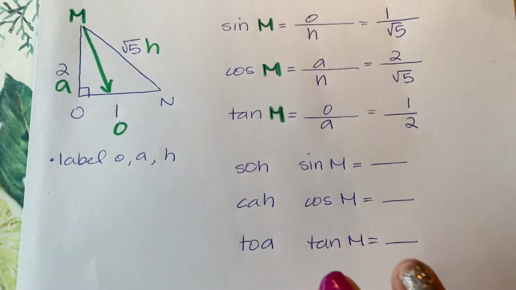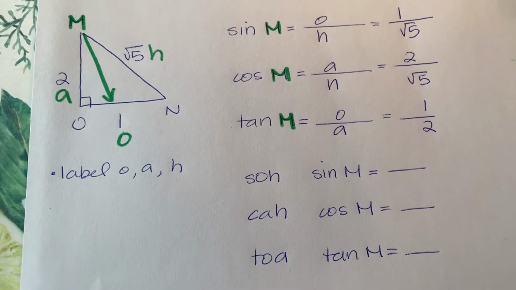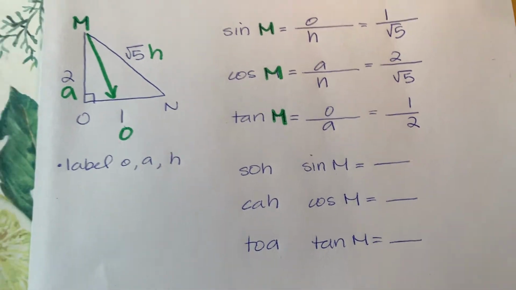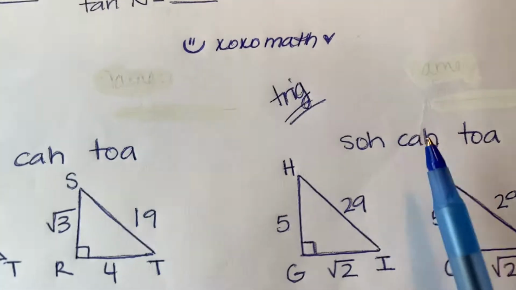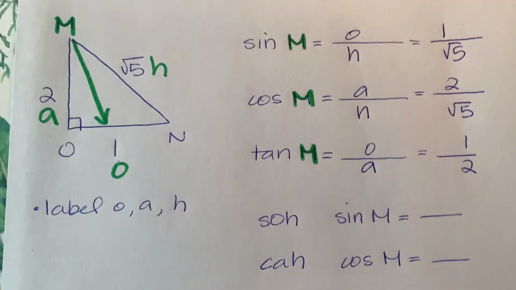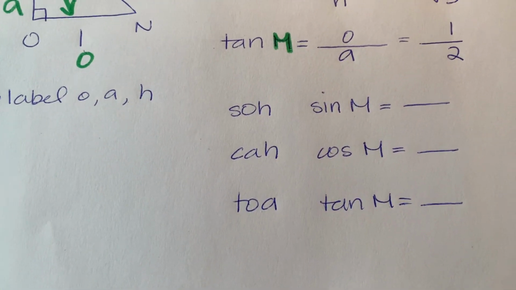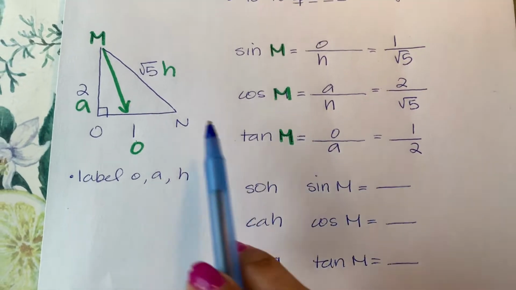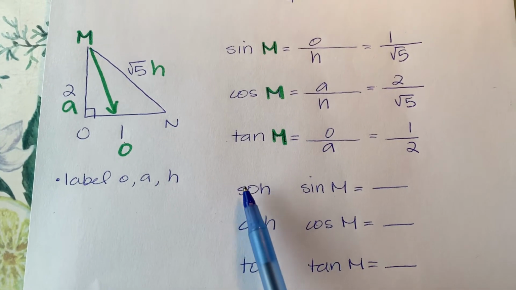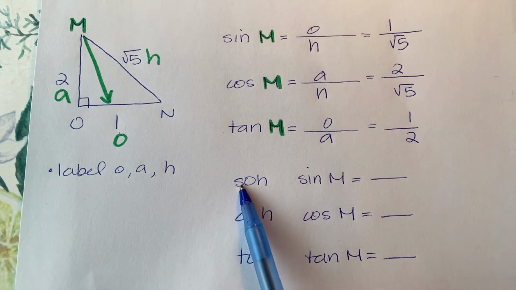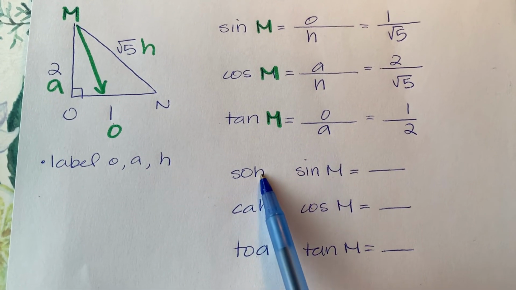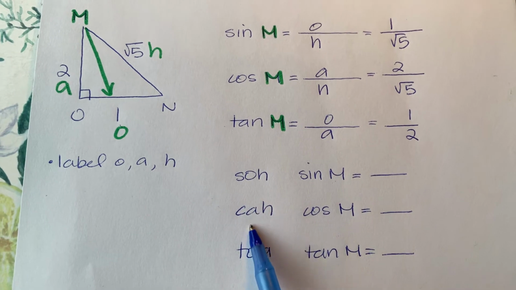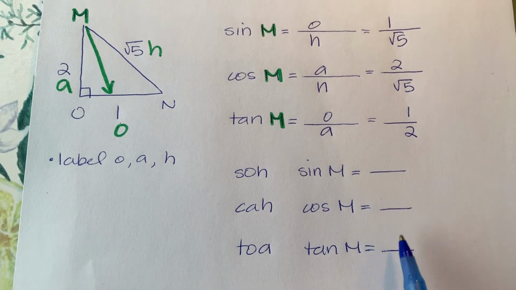Now just look at this, because on your worksheet, you're going to see how I have SOHCAHTOA written and rewritten for you. So if you're looking at this triangle, let's just redo it. SOHCAHTOA: sine of the angle is opposite over hypotenuse. This middle letter is your numerator.